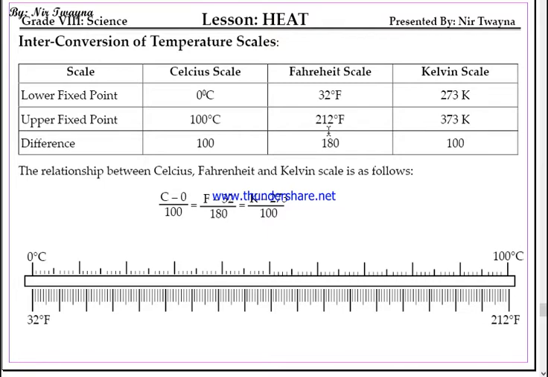So in the Fahrenheit scale, water boils at 212 degree Fahrenheit. So you can say 100 degrees Celsius is equal to 212 degree Fahrenheit. And when you see the differences between the lower fixed point and upper fixed point, you can observe that in the Celsius scale, LFP and UFP is divided exactly into 100.